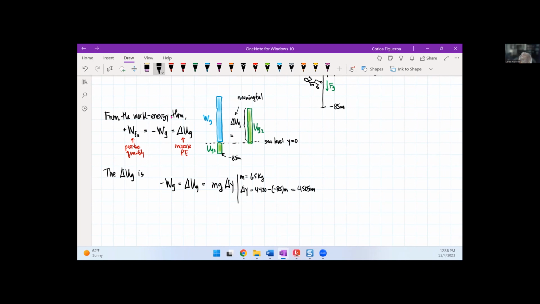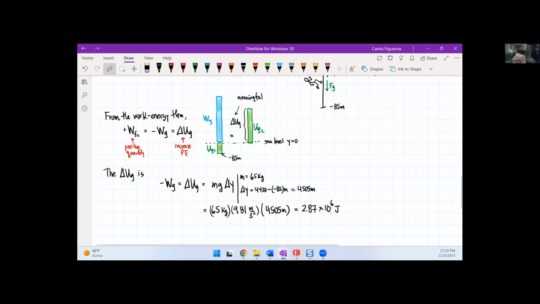So if I plug in my values, I get 65 kilograms times g times my height change. And when I compute that number, it turns out to be 2.87 times 10 to the 6 joules.